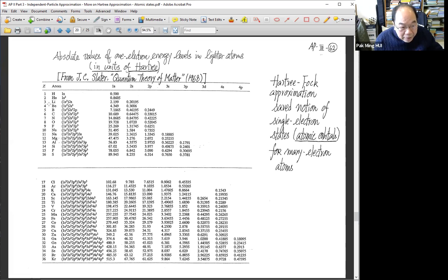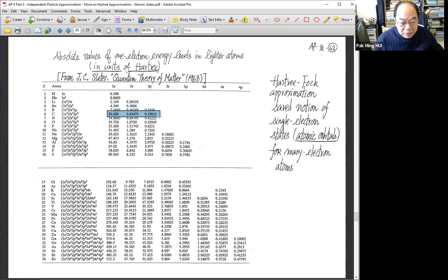And then everything here, for example, carbon, there are 3 atomic single electron states involved, 1s, 2s, 2p. And these are the best values.